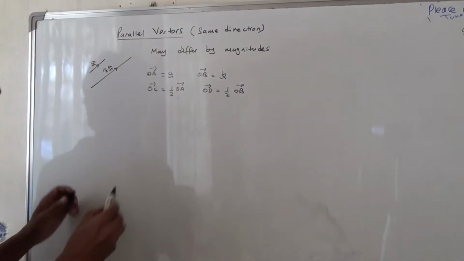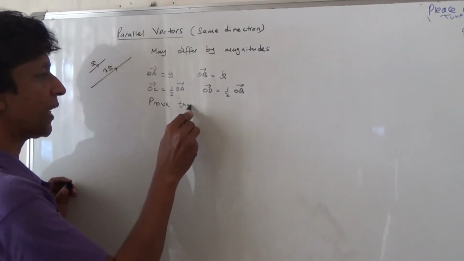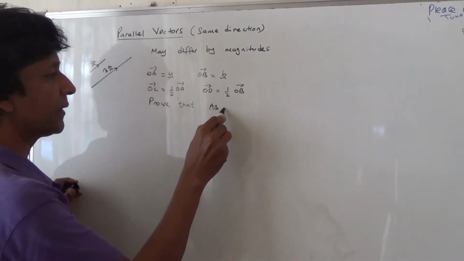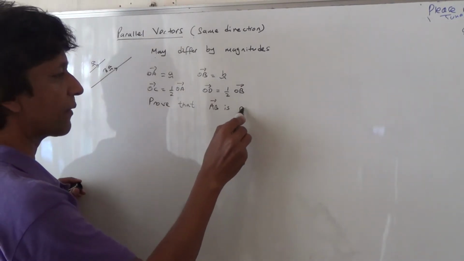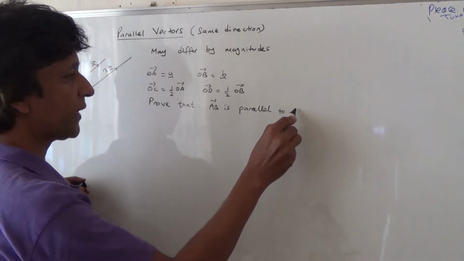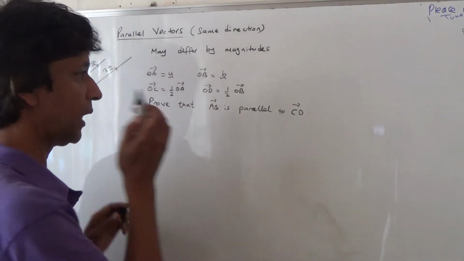Now, I tell you to prove that vector AB is parallel to vector CD. How are we going to do this?